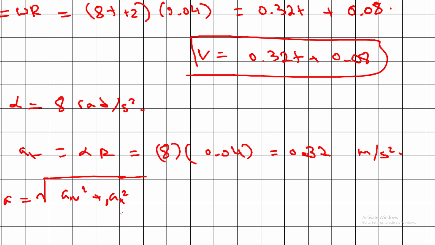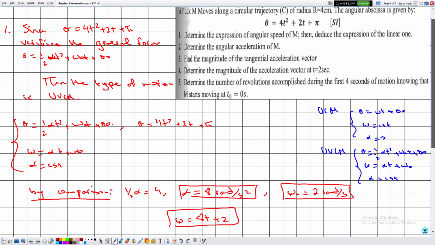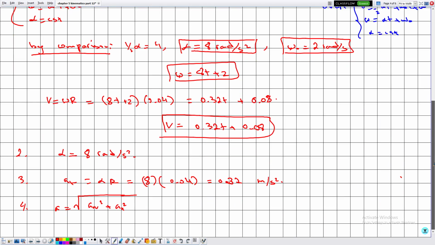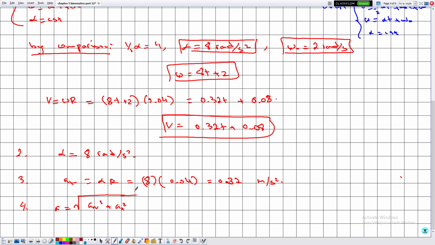Now we have the value of at, which is given by 0.32, which is constant independent of time. So this is equal to square root of an square plus 0.32 to the power 2.